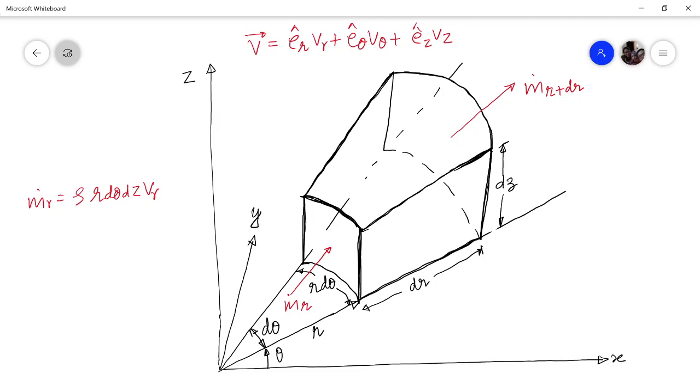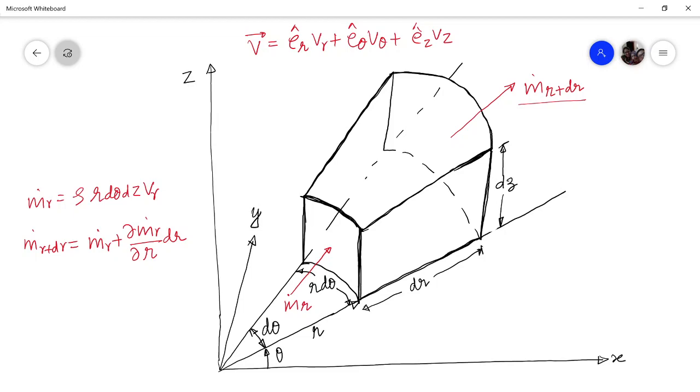So what is going to be the mass flux out of this control volume in the radial direction? That is ṁ_(r+dr). So that will be ṁ_r plus ∂ṁ_r/∂r dr, after a distance dr.